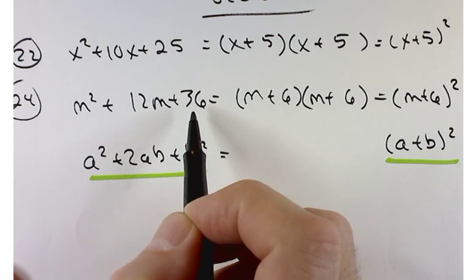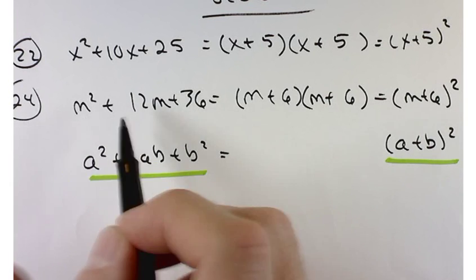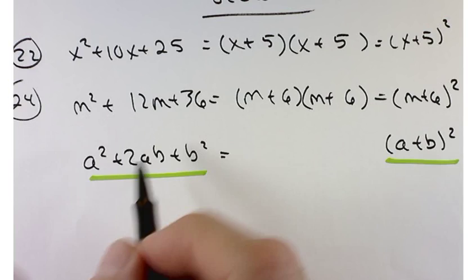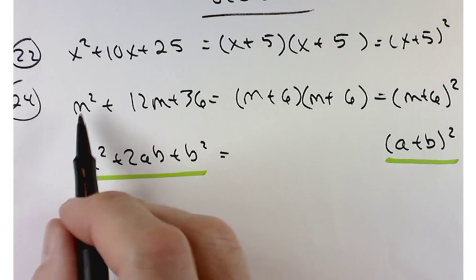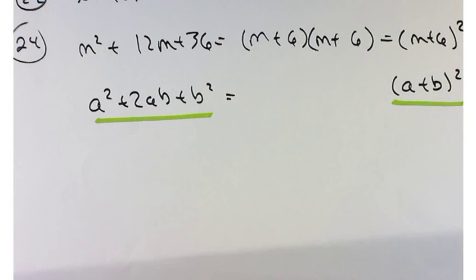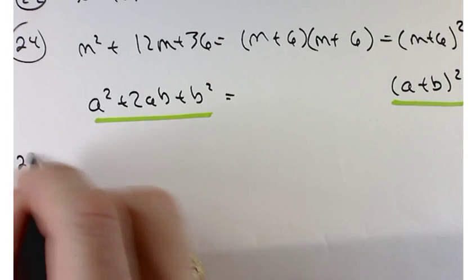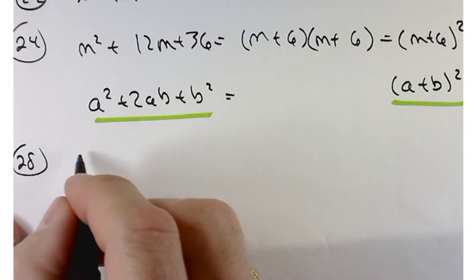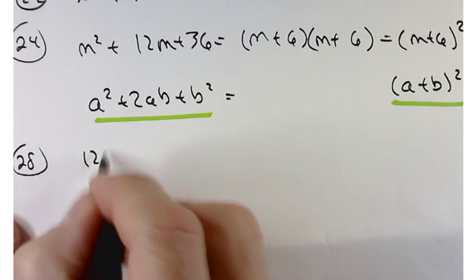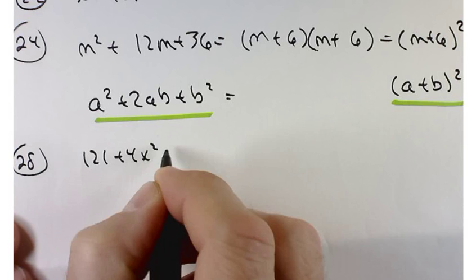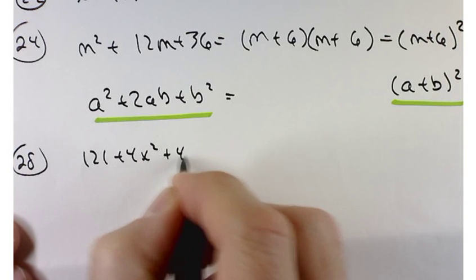Problem 28 is 121 plus 4x squared plus 44x. Before I get going on this one, let's reorder this one. What's a different order that I could write this in?